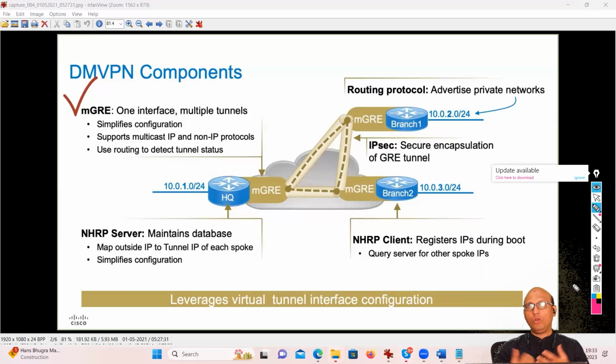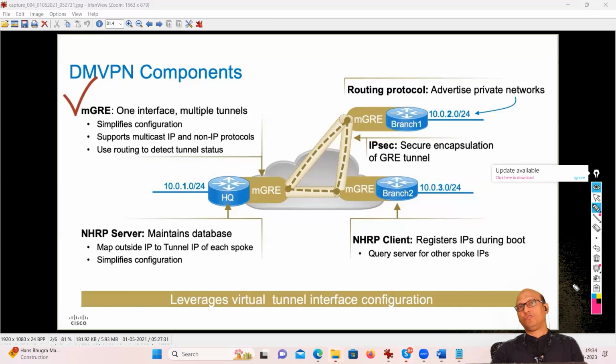Because he's going to get a load. He's going to get data from 100 locations. If he crashes, you're gone. Spoke to spoke communication will never take place when the head office goes down, because the head office is the only one transmitting branch office data in case of hub and spoke.